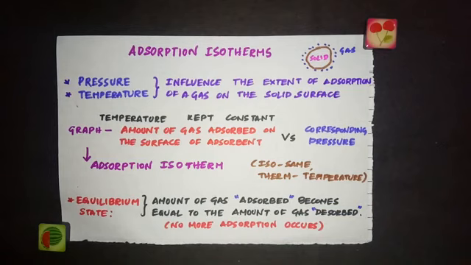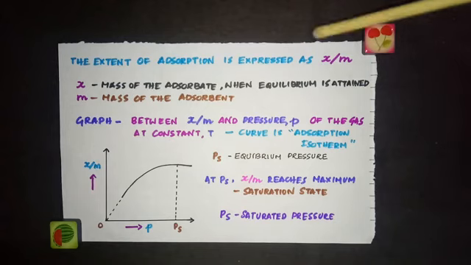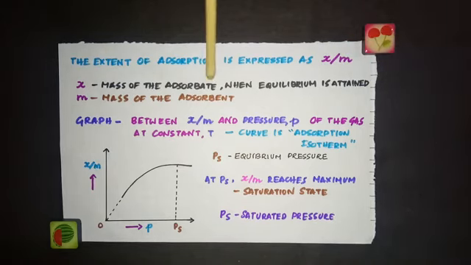Now we are going to learn about the extent of adsorption. The extent of adsorption is usually expressed as x by m, where x is the mass of the adsorbate when equilibrium is attained and m is the mass of the adsorbent. Here the adsorbent is the solid, and the adsorbate is the gas.